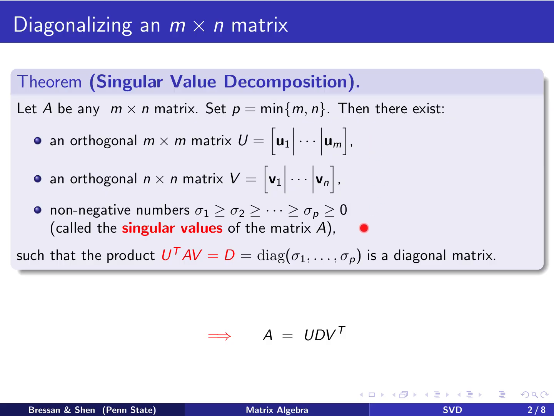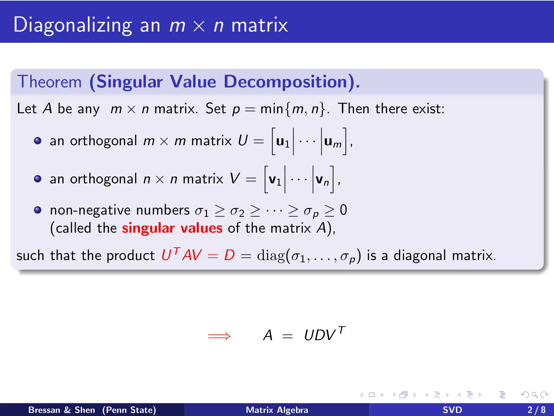Then these three things exist such that if I do the product U transpose times A times V, it will exactly equal the diagonal matrix D, where on the diagonal are these singular values, sigma 1, sigma 2 to sigma p. As a consequence of this relation, we can now write A in terms of the others.